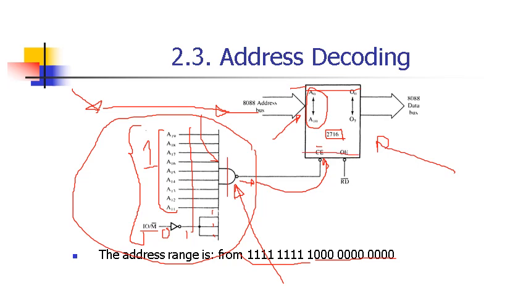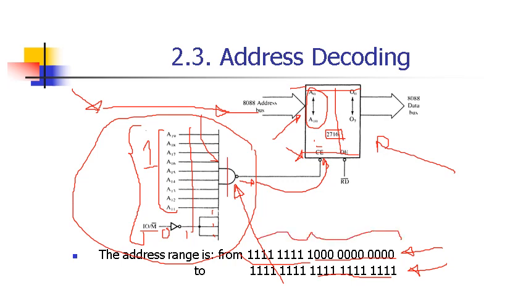Your ending address, your last address in this memory chip, is made when these 11 zeros become 11 ones. Okay, so this is your starting address, this is your ending address. So whenever you need to address any memory location inside this chip, this is your range of memory: beginning address, ending address.